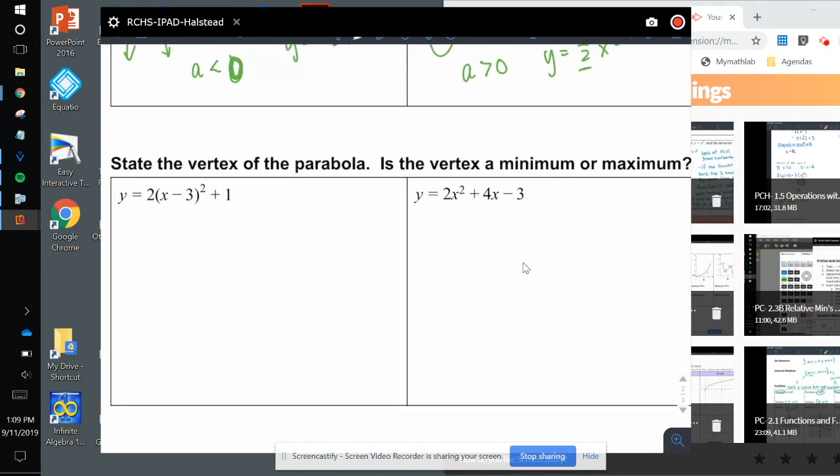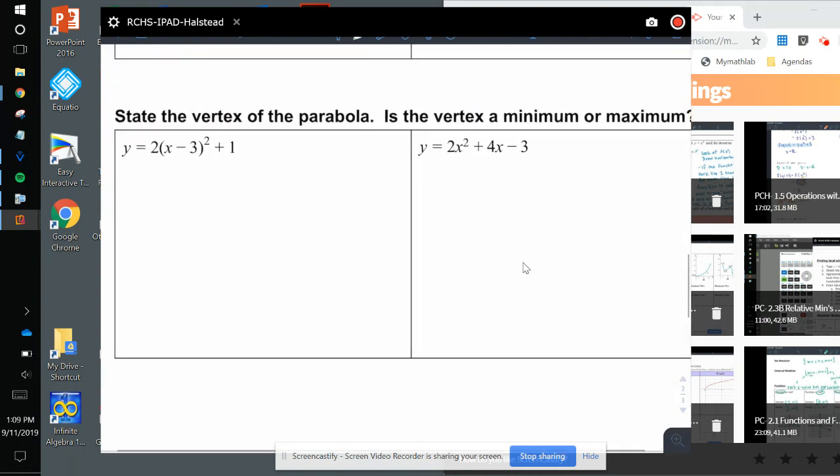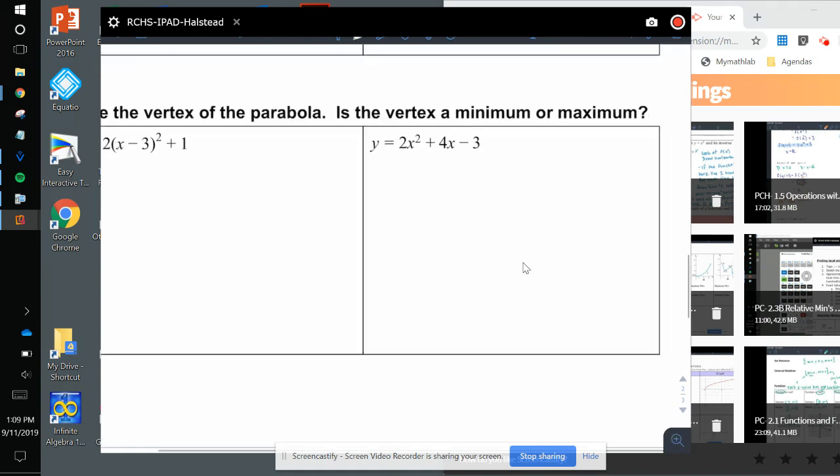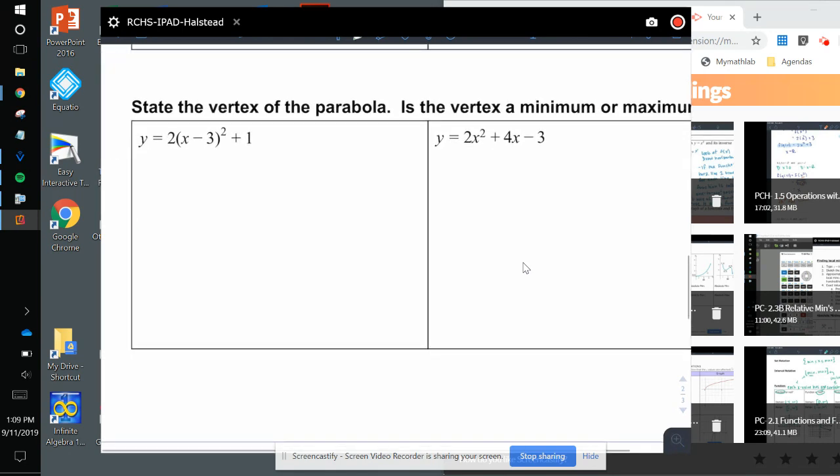Okay, last two, we're going to state if the graph has a minimum or a maximum, and then also what the vertex is. Okay, so looking at this problem, I can see that we are in standard or vertex form. So my vertex is my h and my k value. So we're going to be at (3, 1).